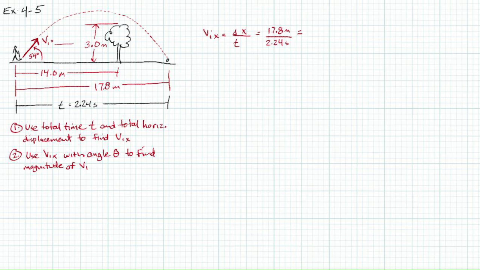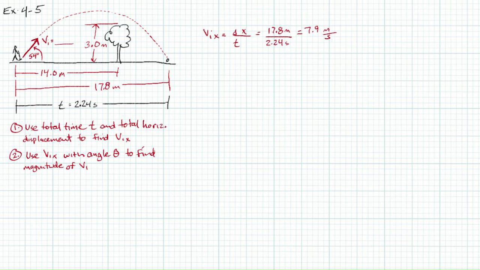So we have an even rate of motion in the horizontal direction. So we can take the whole distance and the amount of time, and that'll give us the initial velocity in the x direction. And that comes out to be 7.9 meters per second. That's our initial velocity in the x direction.